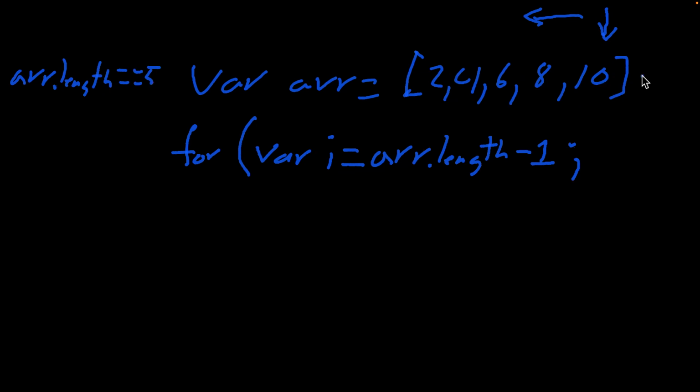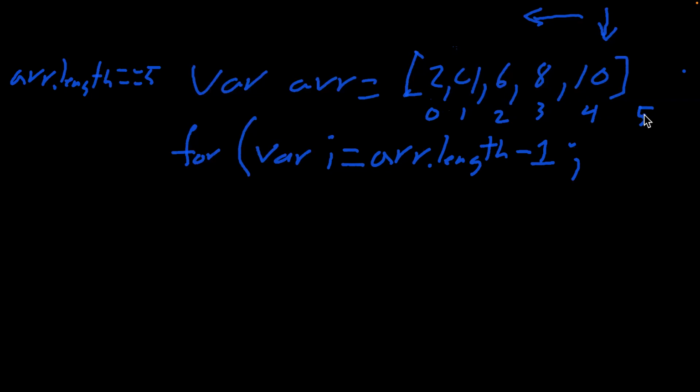Okay. And if we count the index positions, we start at 0, right? So we count 0, 1, 2, 3, 4. And if we say 5, 5 is outside of the array now.